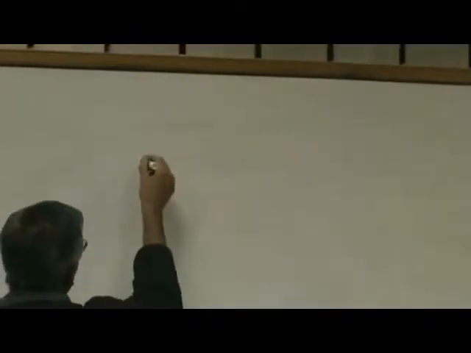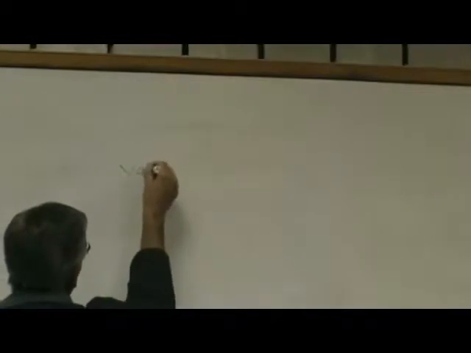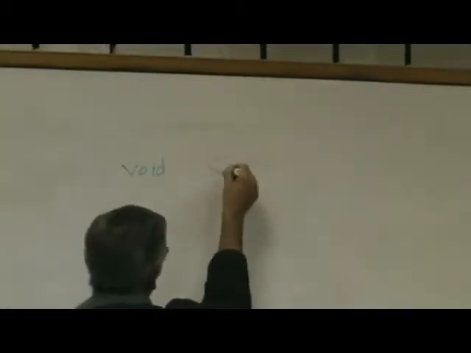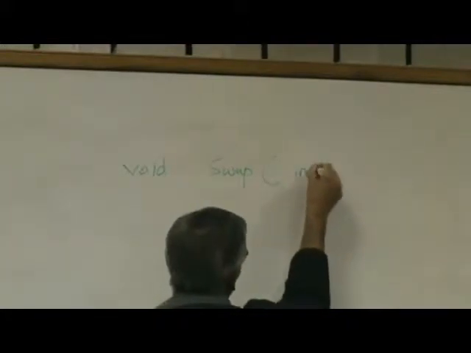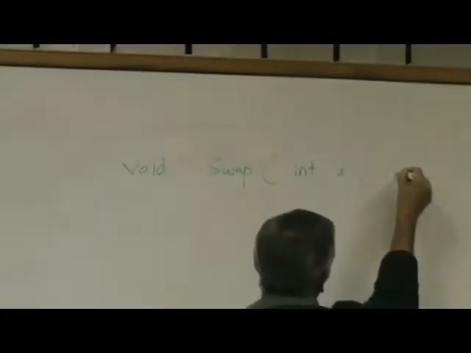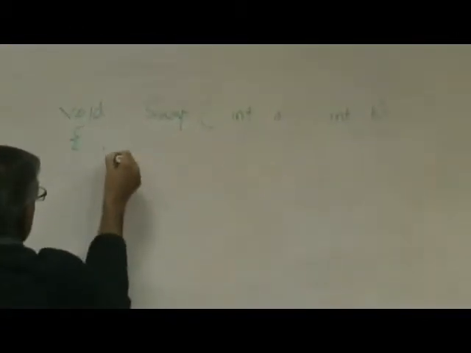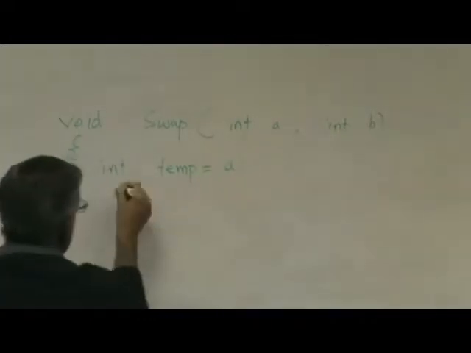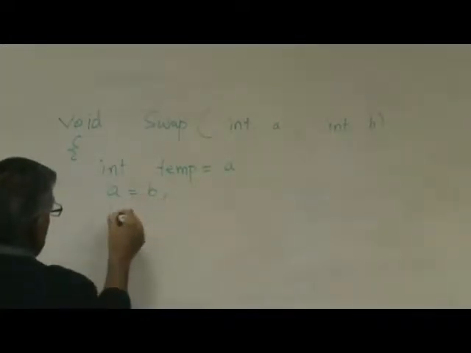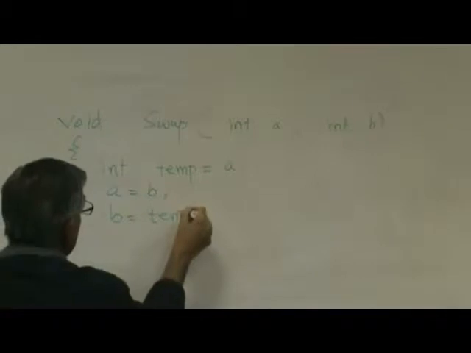So for example, let's say you wrote a function to swap two integers. Your code to swap two integers will look something like this. int temp equal to A, A equal to B, B equal to temp.